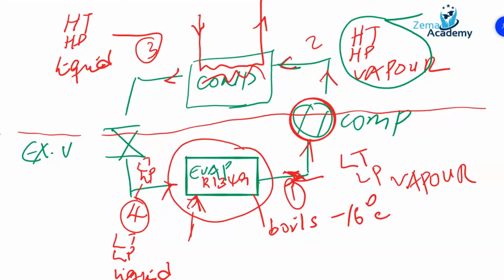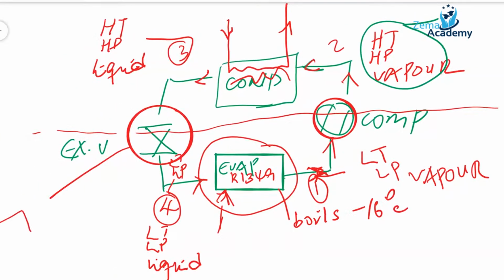In order to reduce the temperature and pressure of the liquid from high to low, we pass it through an expansion valve. How do we do that? It uses Bernoulli's principle. There is a venturi inside the expansion valve.